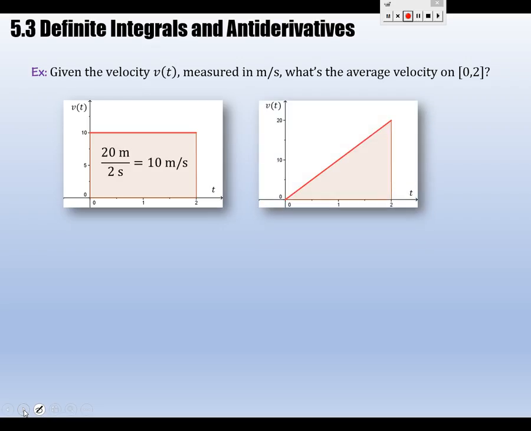All right, what about this one? This time our velocity goes from 0 to 20 meters per second. You start at a standstill, but by the time you're done after those 2 seconds, you're going 20 meters per second. So you're ramping up your speed.